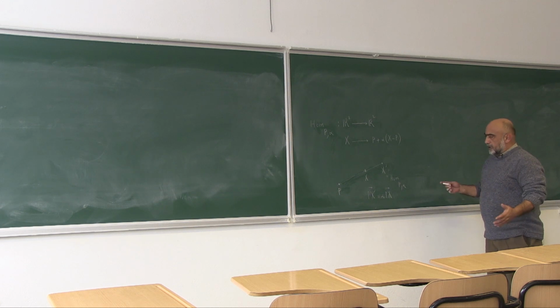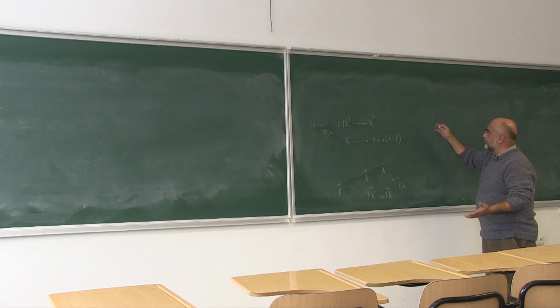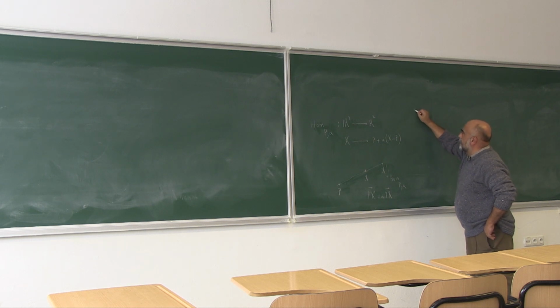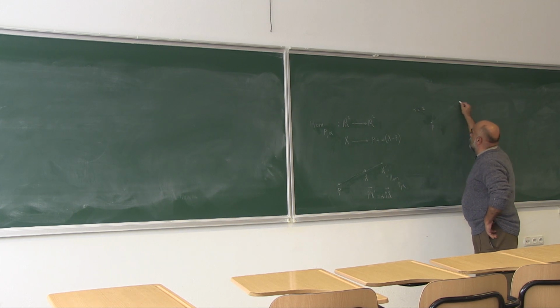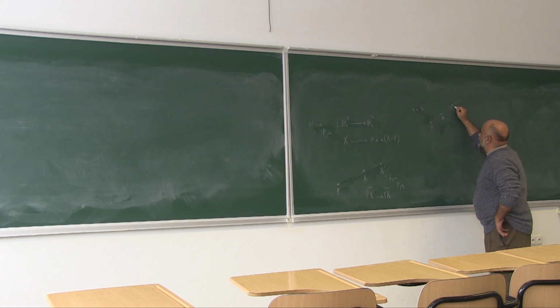To briefly give you some concrete examples. For instance, if you take alpha equals 2, okay, so that's your point P. The vector PX is multiplied with 2.